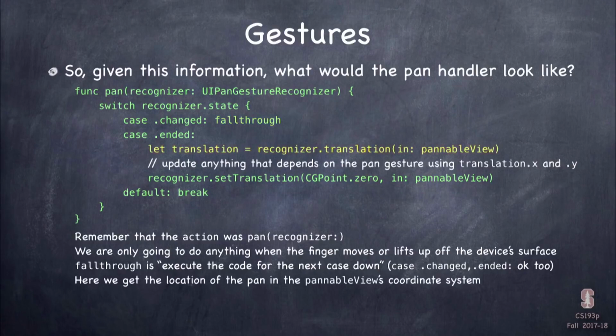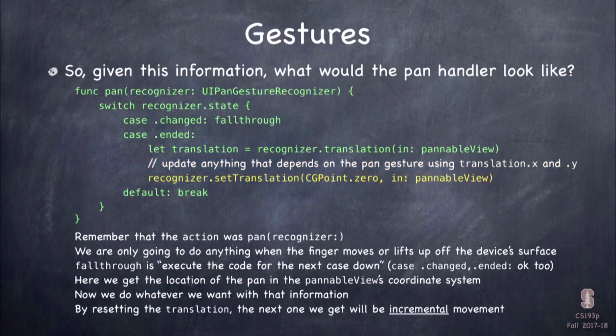So if it's changed or ended, my pan is still moving, or I just finished it, then I'm going to find out where the pan was by calling translation(in:) on the recognizer. Then I'm going to do something based on where the pan went. And maybe if I'm looking for incremental pans, I'll reset it back to 0, so the next one will be from 0 and be incremental. So that's it. Simple to do these handlers.